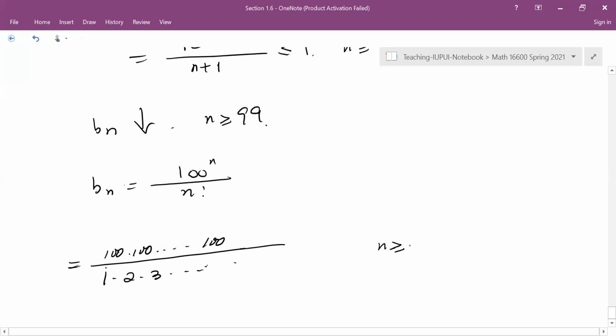I'm going to assume that n is greater than 100. So this is again 99, and then 100, 100, and then here's 100, and this is n, right?